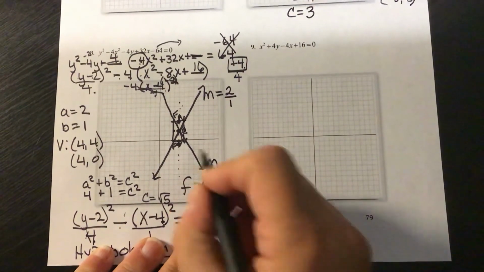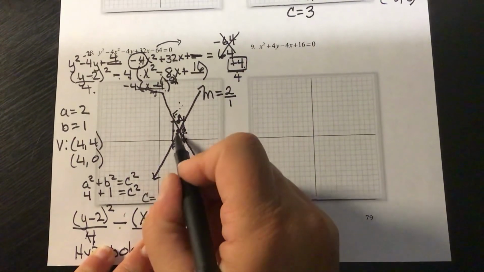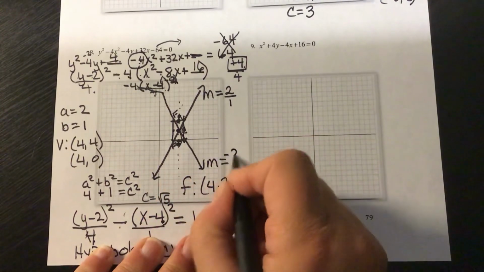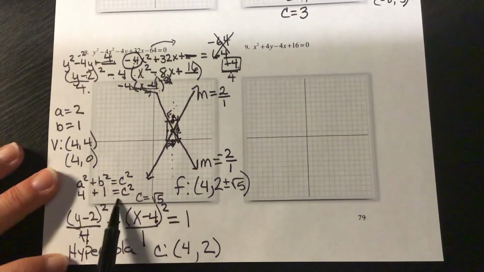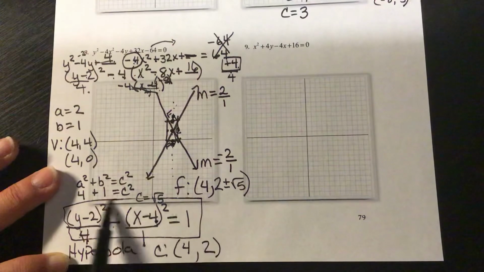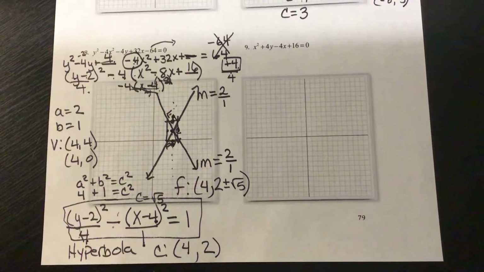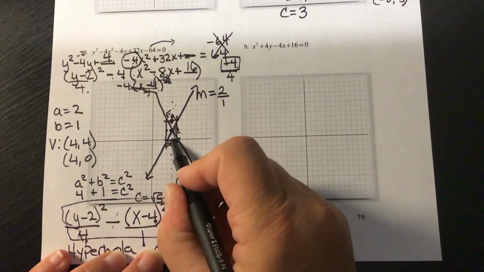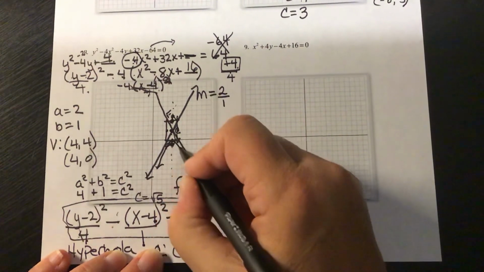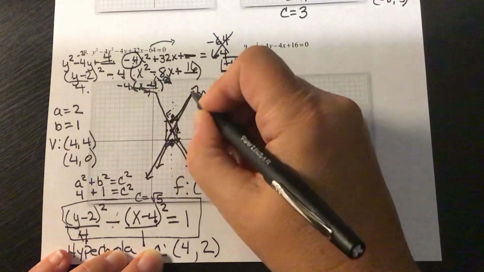And this one is going downhill, so I go down 2 over 1. So my slopes are 2 and negative 2. Here's my equation. And the last thing I need to do is draw in the branches. So I go from the vertices towards the asymptotes.